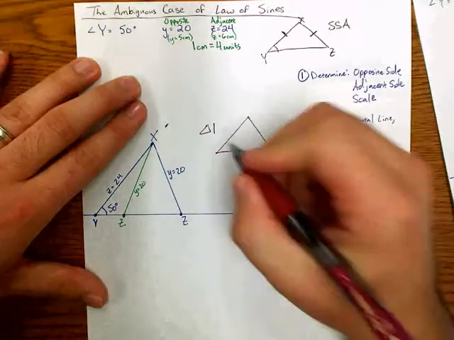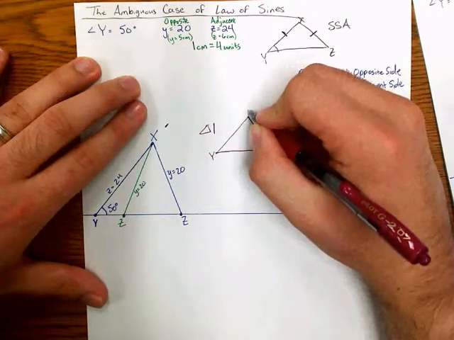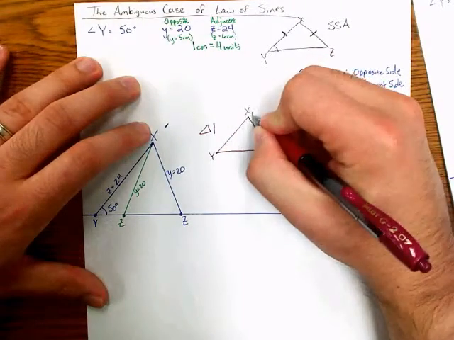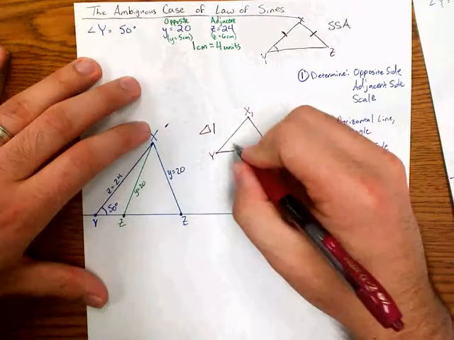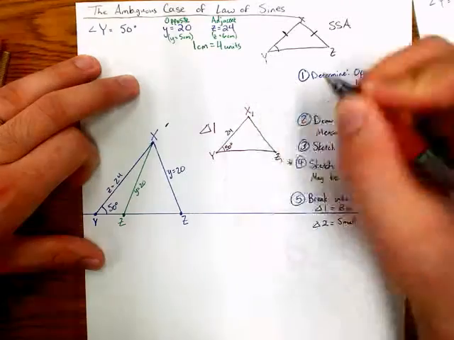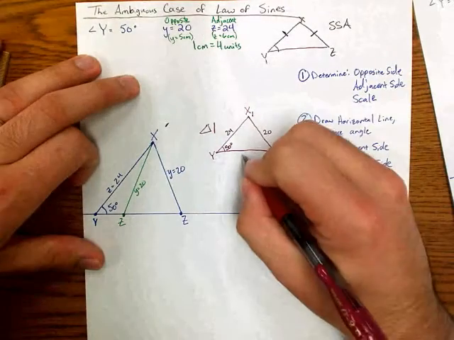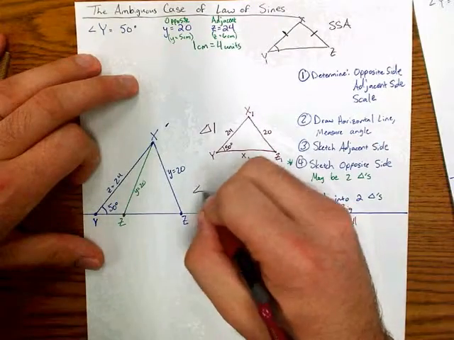But triangle 1, that's the big triangle, so that's y. Since this is triangle 1, I'm going to call this x1, and I'm going to call this z1, which is going to mean, well, if that's 50 degrees, this is still 24, this is still 20. This side length is going to be side length x1. Same thing for triangle 2.